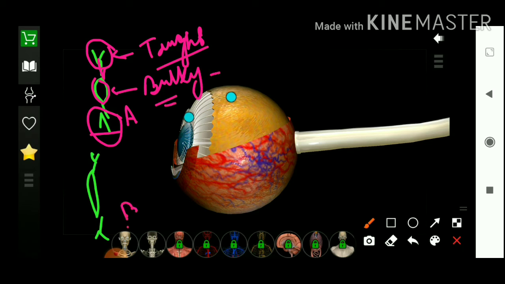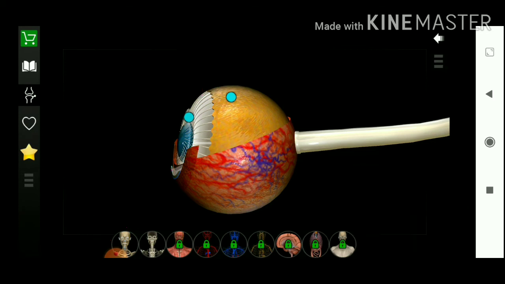In diagram B, you can see that the ciliary muscles are not taut. They are loose, and this gives rise to taut suspensory ligaments, which in turn make the lens very flattened, and it is responsible for long distance vision.